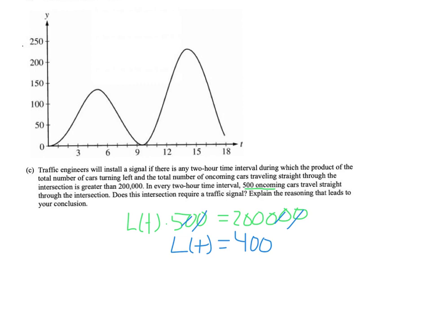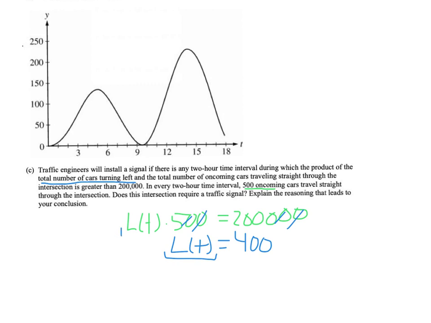If I am taking a look at what's going on here, I actually just really noticed something super important. This would be saying the rate is 400, and that doesn't really make sense. So let's think back to what this originally said. Total number of cars turning left. That's what we've been doing this whole problem.